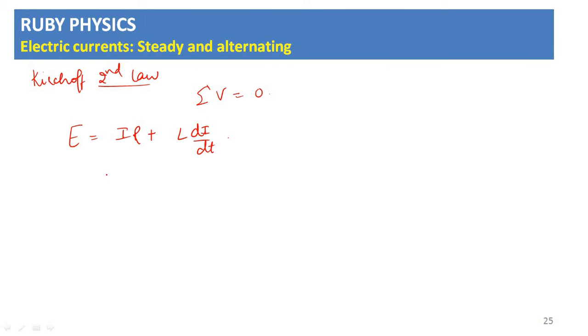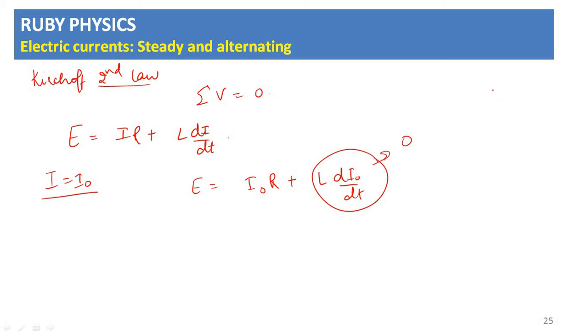Now when the current reaches its maximum value, then I is equal to I naught. Then E is equal to I naught R plus L d I naught upon dt, and this term will be equal to 0, as d I naught over dt is 0. So E will be equal to I naught R when the current reaches its maximum value.